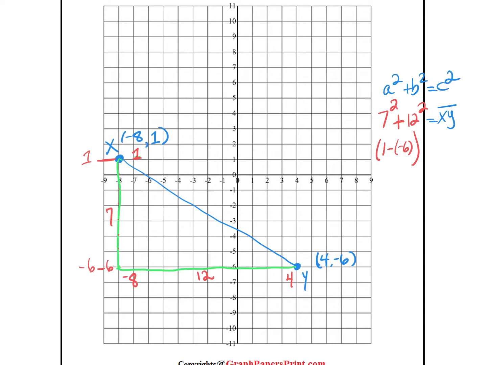And then the 12 squared, of course, we get by taking the difference of negative 8 minus 4. Because a negative 8 minus 4 does give me negative 12. But of course, when we square it, we get a positive number.